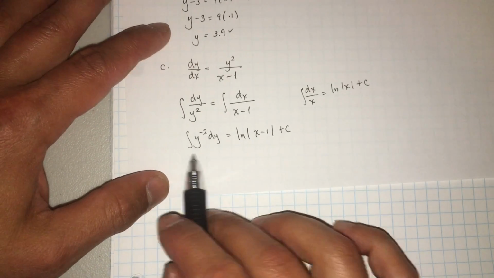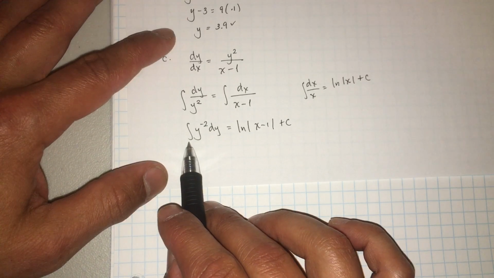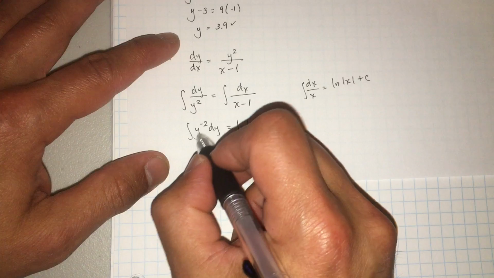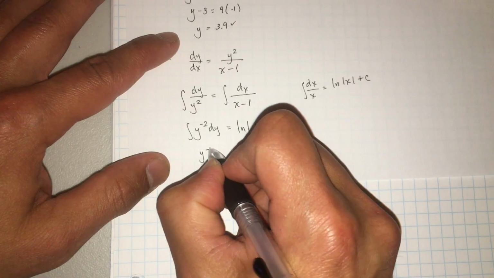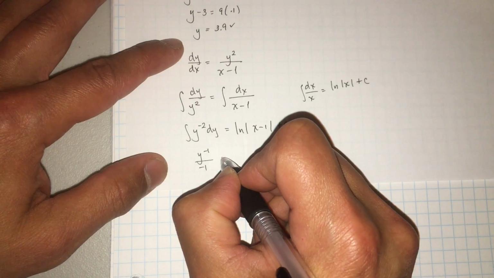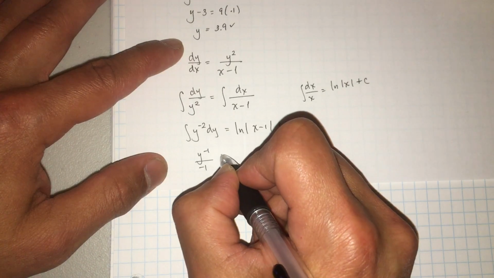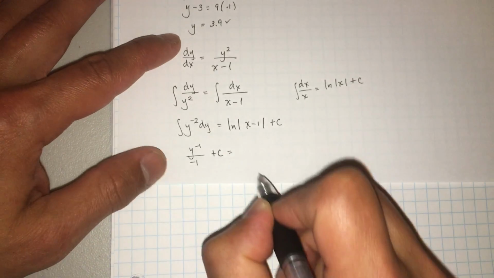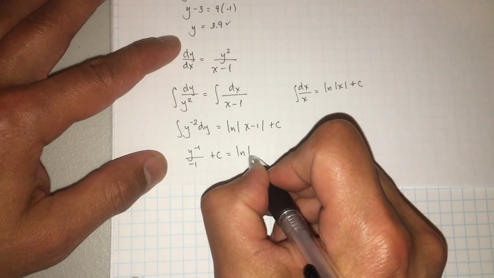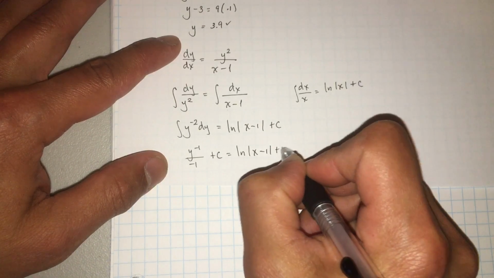So now let's go ahead and continue here. Add 1, so y, negative 2 plus 1 is negative 1, divided by negative 1, okay? Normally we would do a plus c, right? But then because we have this one, we'll take it across and we'll have just one big constant.